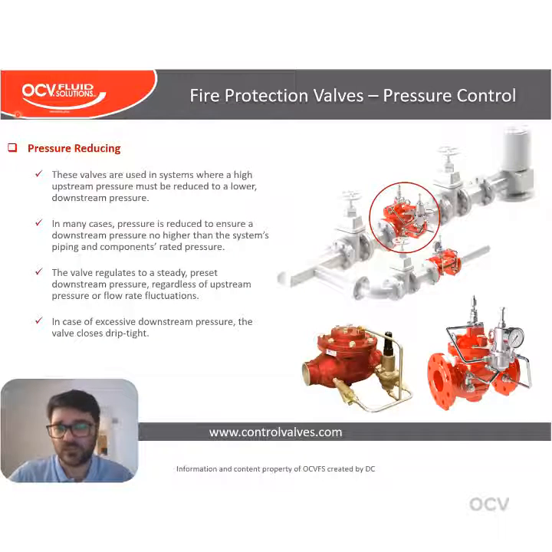And the valve regulates to a steady preset downstream pressure regardless of upstream pressure or flow rate fluctuations. And in case the downstream pressure is too high, then the valve closes drip tight.